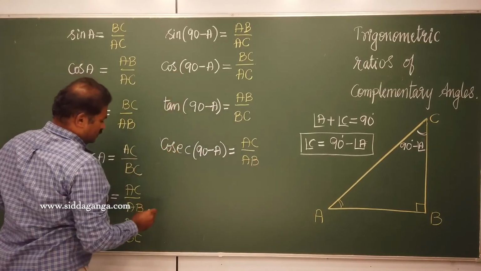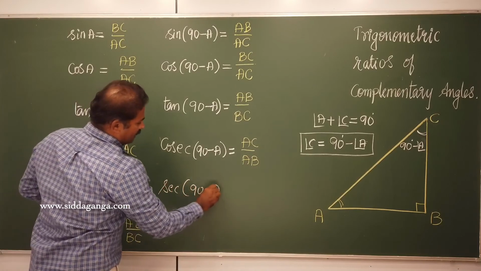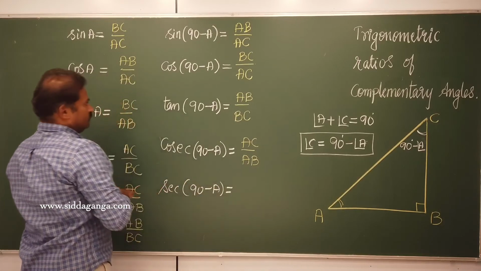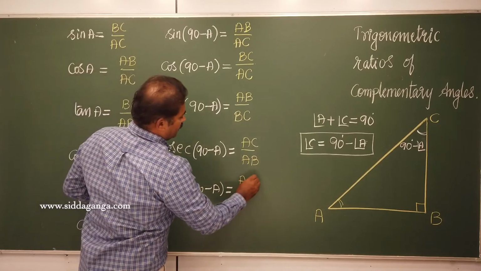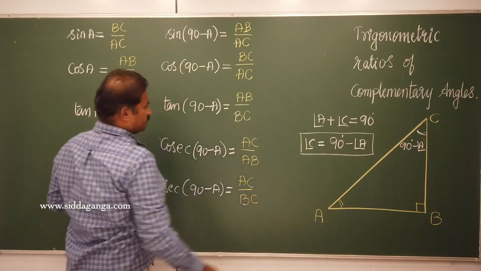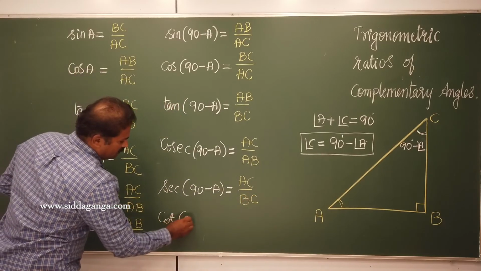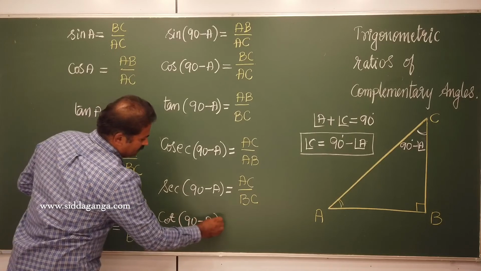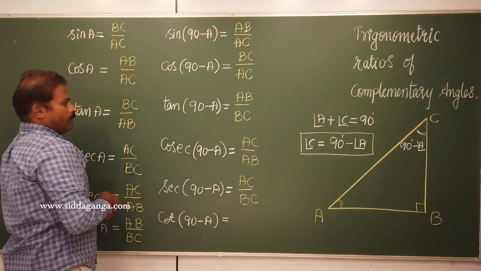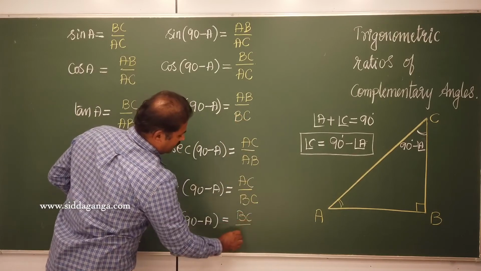And for cos you have sec 90 minus A, which is equal to AC divided by BC. And for cot 90 minus A, the reciprocal of this, that is BC divided by AB.